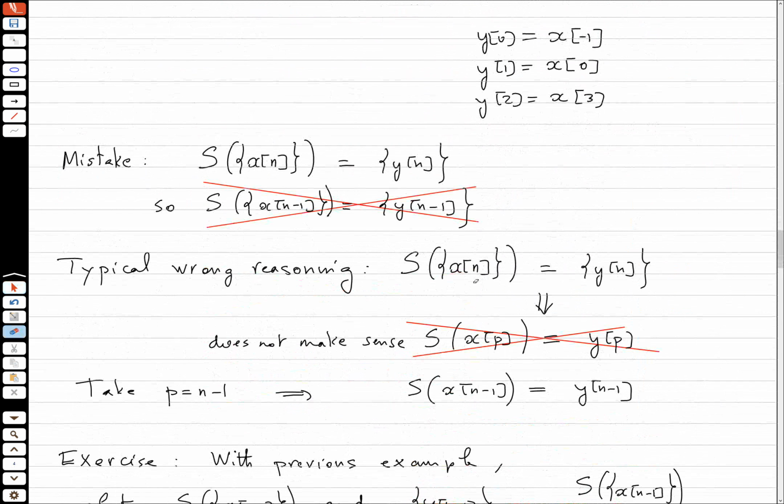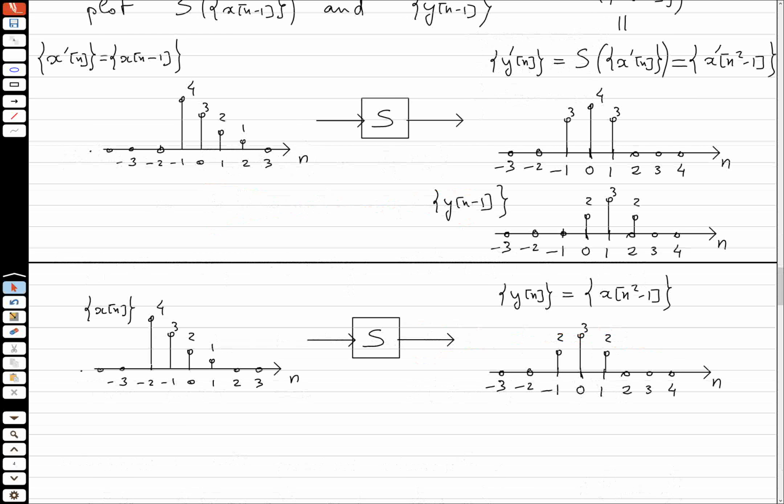You cannot just say that x of p becomes y of p. It's not right. It's very complicated. You need to have the whole sequence first, and then you can see how it gets transformed. You cannot say this guy becomes this guy becomes this guy. It's not true.